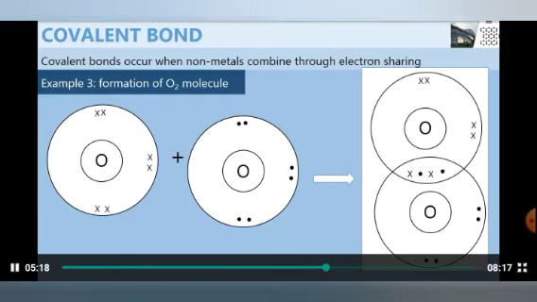Each oxygen atom donates 2 electrons for sharing, and they form 2 covalent bonds between them. And we draw them like this. Now, in order to represent this, we use 2 lines, each line representing a covalent bond. Again, we could use the dots and crosses between the symbols of the element.